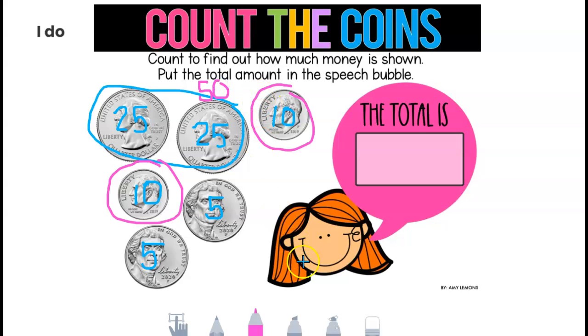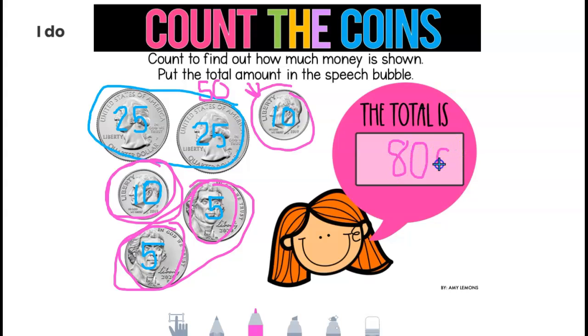Now if I add on a 10, I get 60, 70. Okay. Now I just have my 2 nickels left, so I can count by 5s now. From 70, I would go to 75, 80. All right, so the total is 80 cents. And you put the cent sign after the number.